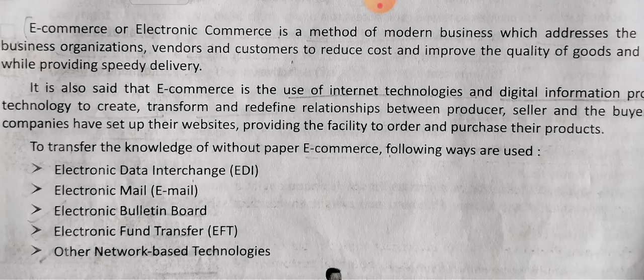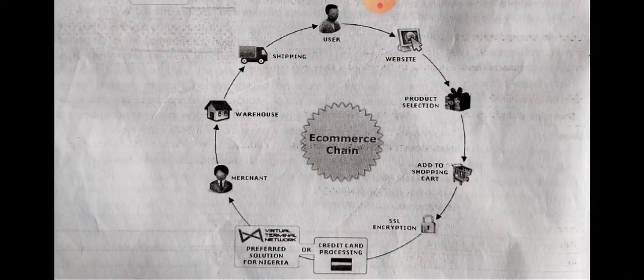Next, you can see here, this is the e-commerce chain, how e-commerce websites work. Once the user goes to the website, they select their product and then he or she can add the particular product to their shopping cart.